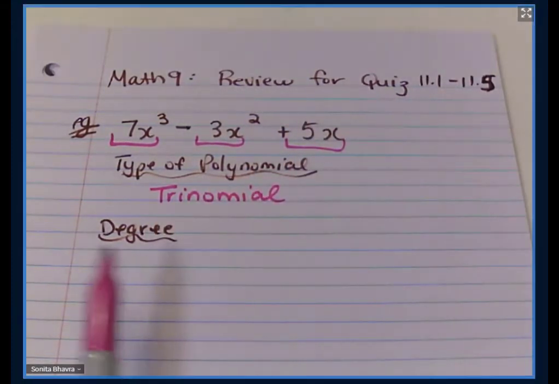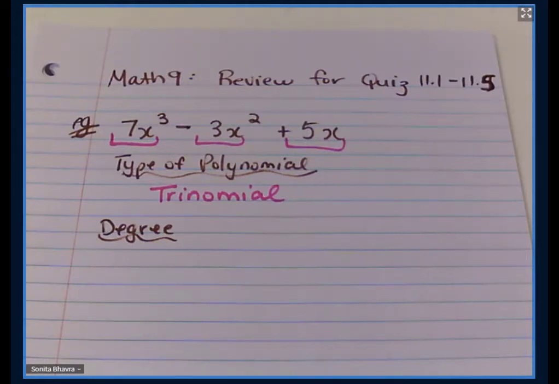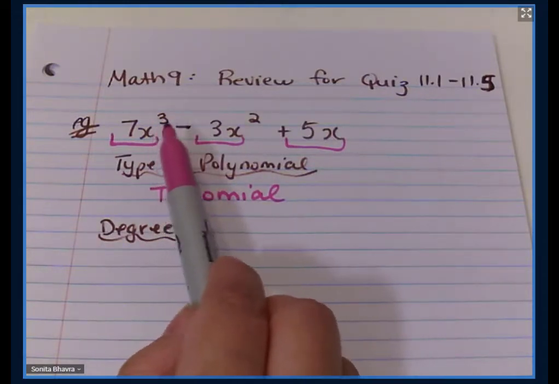And next we want to figure out the degree of this polynomial. So the degree of a polynomial, again, is adding the exponents. The largest exponent in a polynomial here is x cubed.